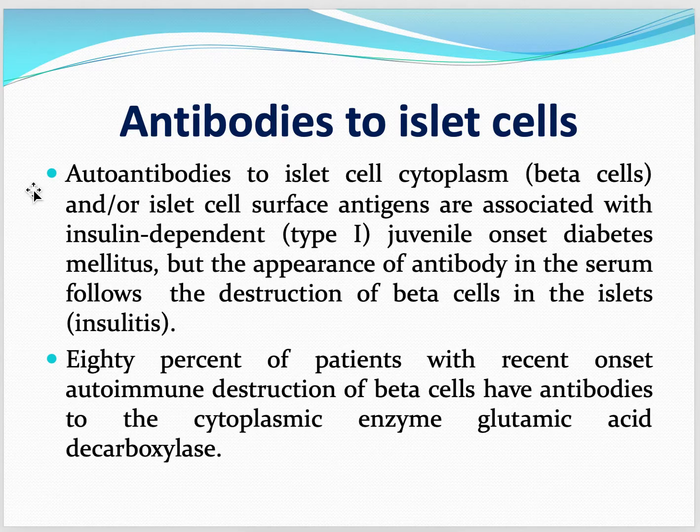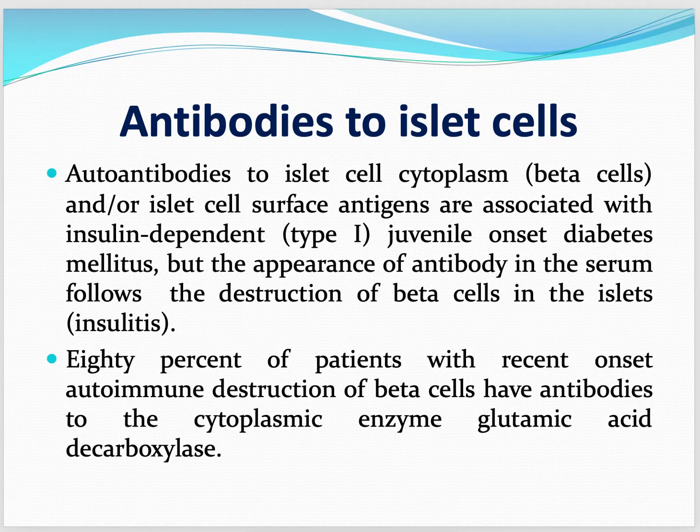In the diabetes cases where the islet cells are destroyed, 80% occur because of the production of autoantibody against this enzyme.